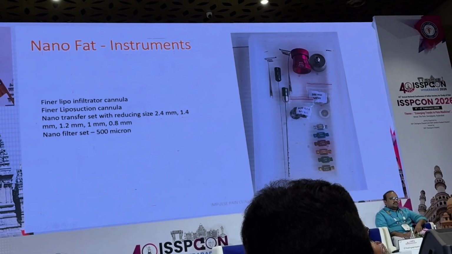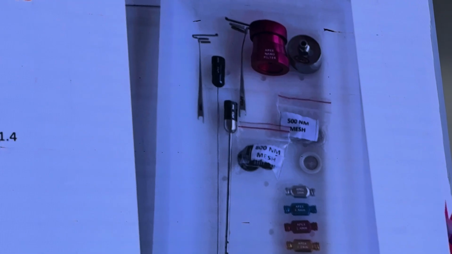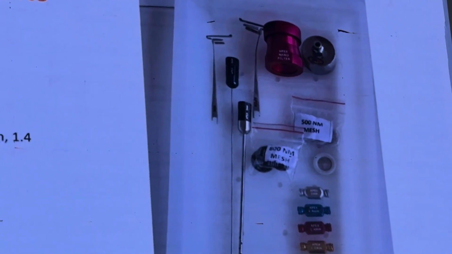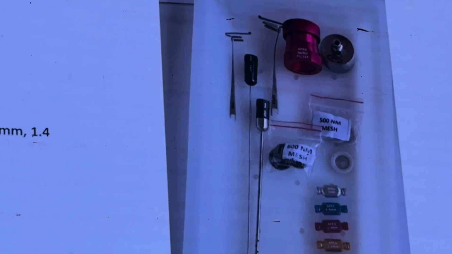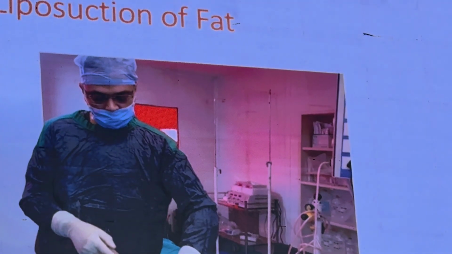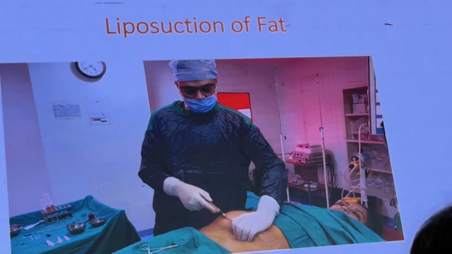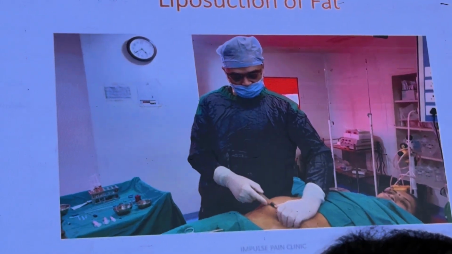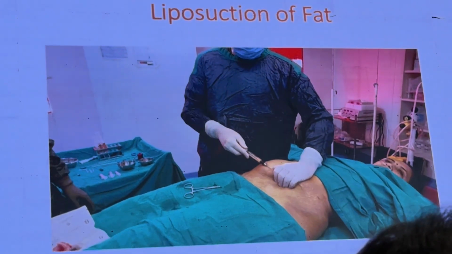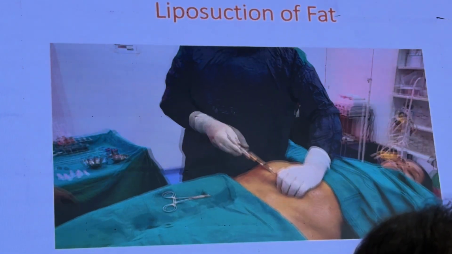So these are the nanofat instruments: a finer lipo-infiltration cannula, a liposuction cannula, and nano transfer sets. This is how I do liposuction. Usually I use a finer cannula, 3 mm in size and 15 centimeters in length.